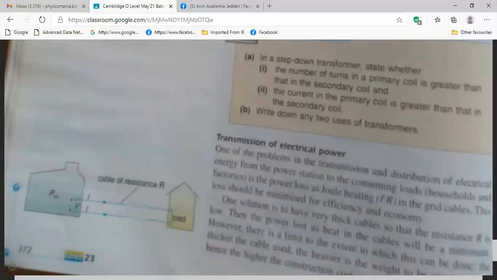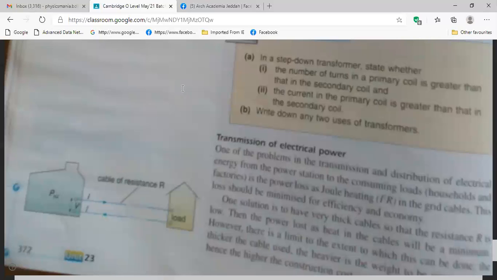Okay, is it clear? Why can't we use such wires that have the capacity to endure such high voltage? Sorry, again, please. Why can't we use such cables that have the capacity to endure such high voltage?